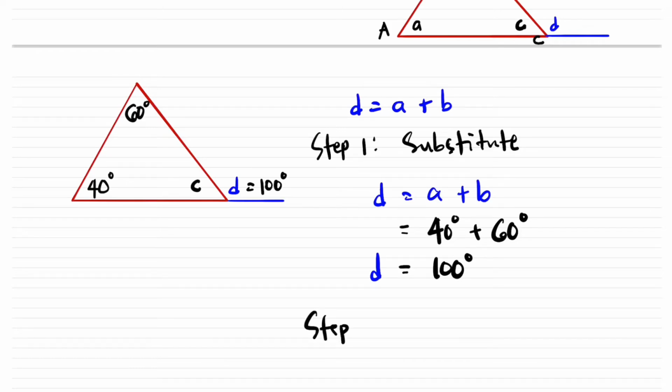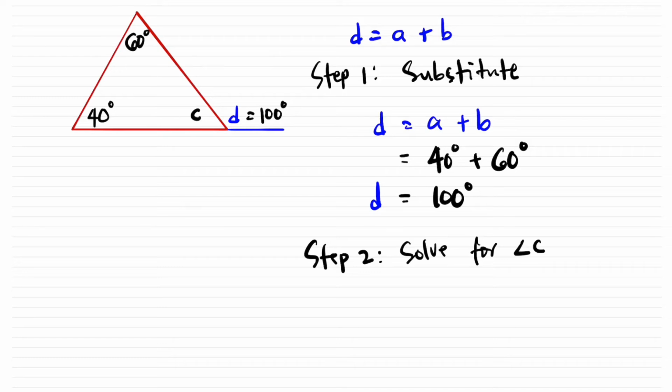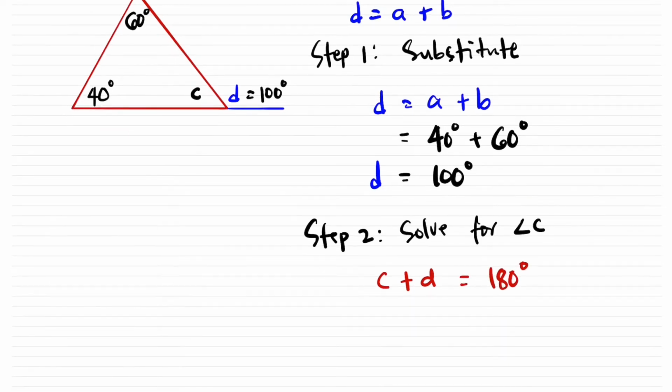Now step 2 is to solve for angle C. Since property number 2, the exterior angle property, states that C plus D must be equal to 180 degrees, and considering that D is 100 degrees, C plus 100 degrees is equal to 180 degrees. Then we move 100 to the other side.